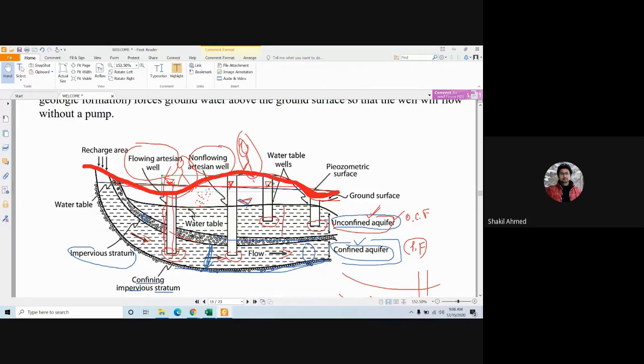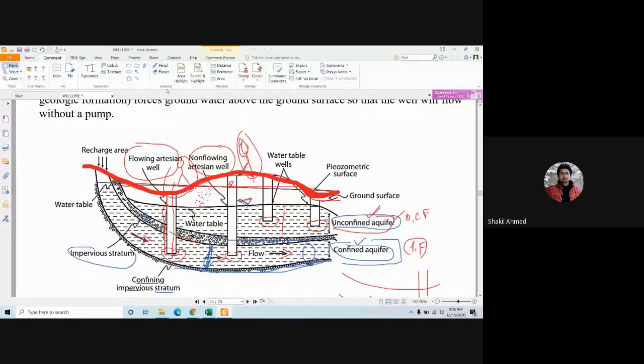Now, here the water table will be there, because in an open channel, if you put a piezometer here, the water level will rise to the same level, am I right? Yes, sir.